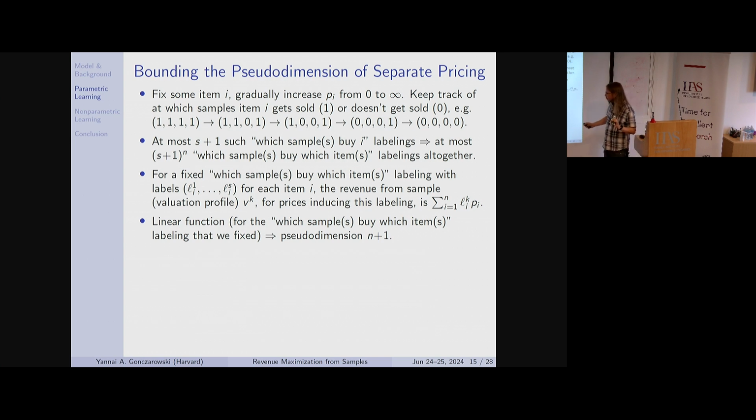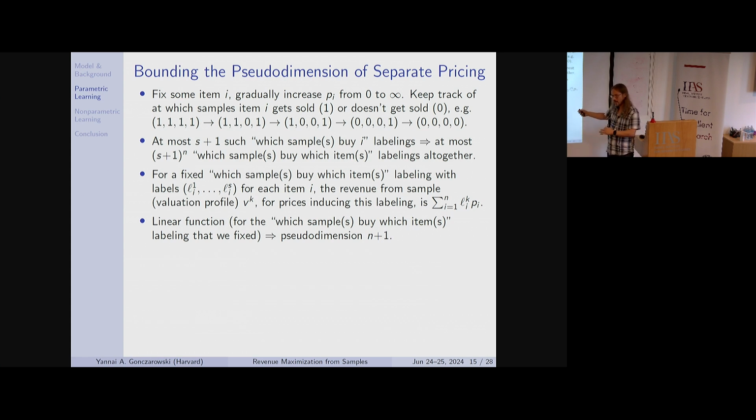Meaning that its pseudo-dimension over these labels is n plus 1. You mean linear in the prices for fixed L? No, it's for each sample; each sample has its own L's, right? The which-samples-buy-which-items labeling is a huge labeling that labels each sample with separate L's. So it's linear in the prices, which are the auction I'm optimizing over, and in the L's, which label each valuation.